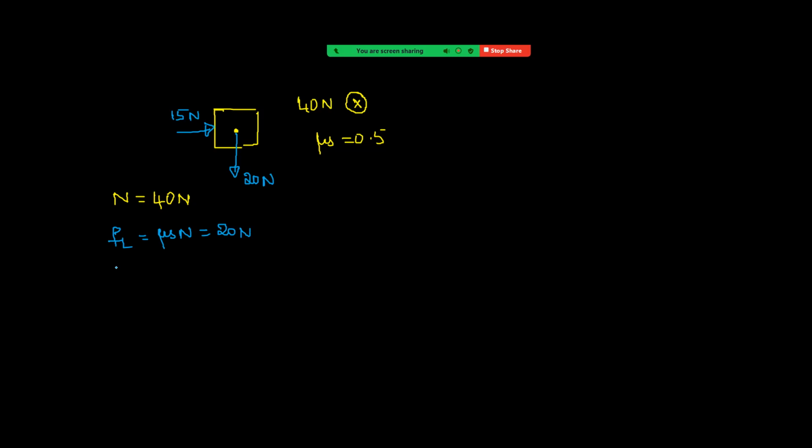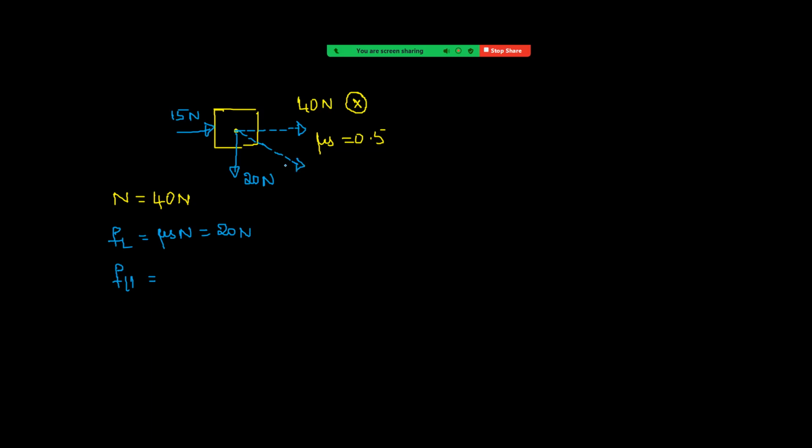Now calculate F parallel. Apart from friction, you can see this 15 and 20 are both parallel to the wall, and the angle between these two is 90 degrees. If I extend the 15 in its direction like this, the resultant of these two will be like this.